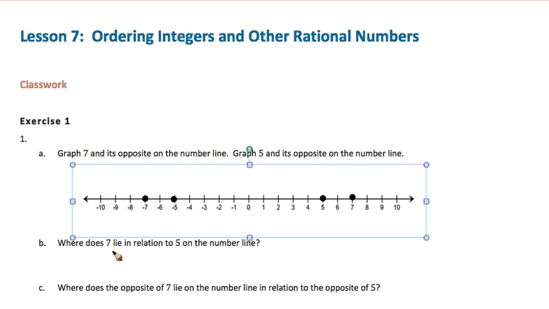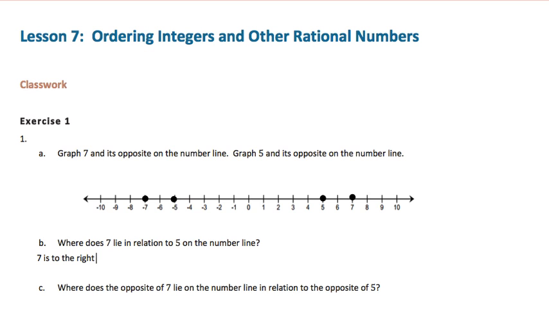Question B, where does 7 lie in relation to 5 on the number line? So we know that 7 is to the right of 5.